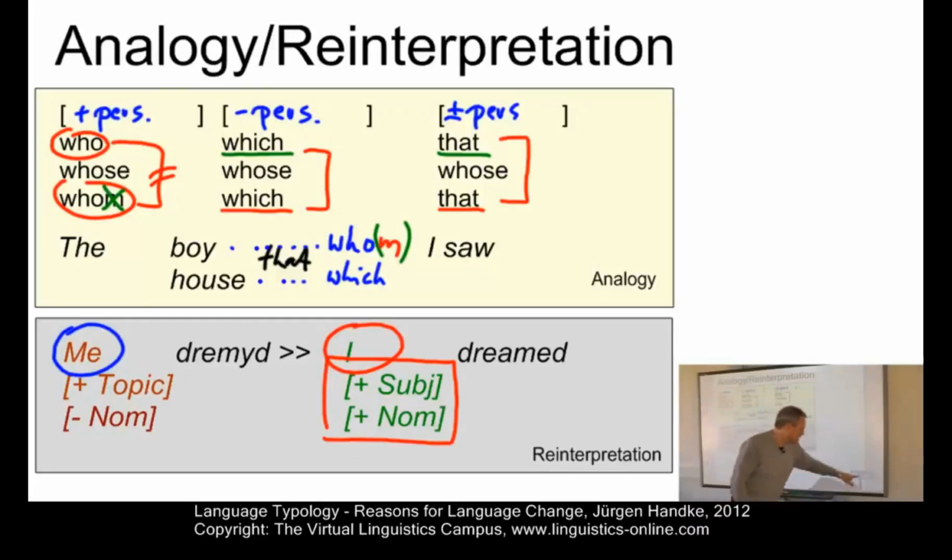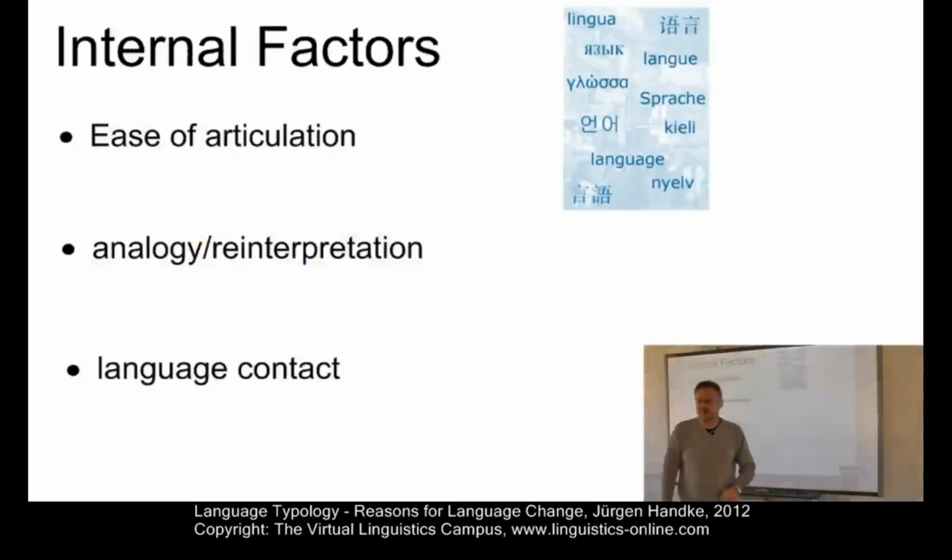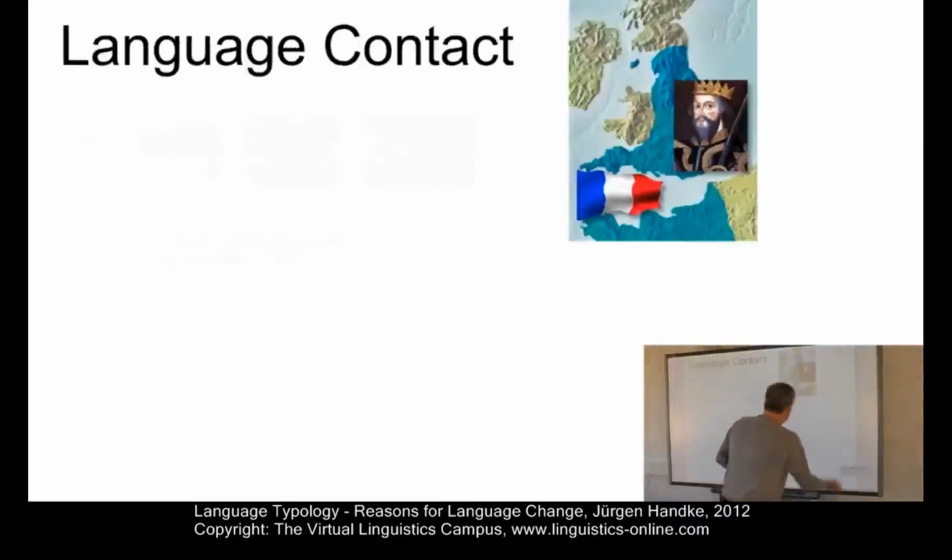Finally, language change may be the effect of language contact. It is well known that when languages come into contact, they tend to borrow from one another. The most obvious form is the borrowing of lexical items. The history of English is full of examples of such kind.